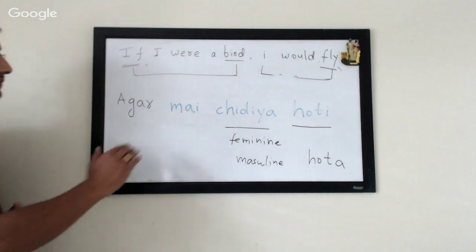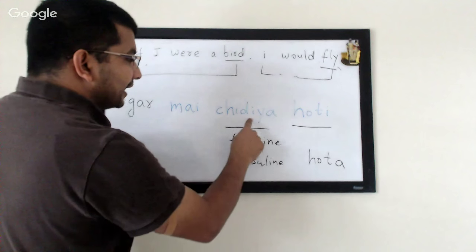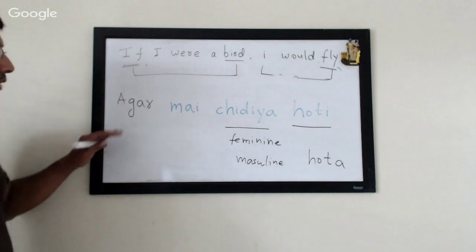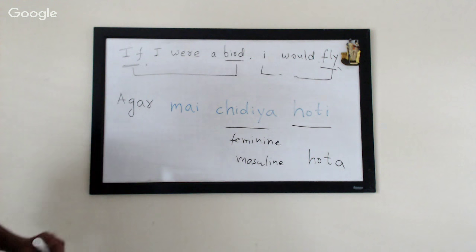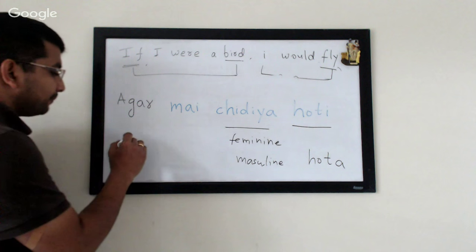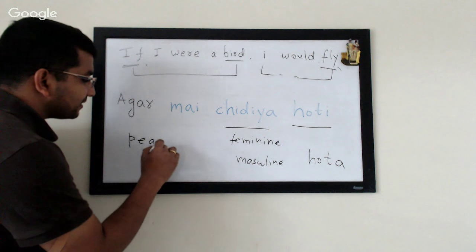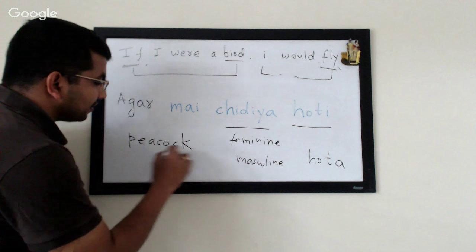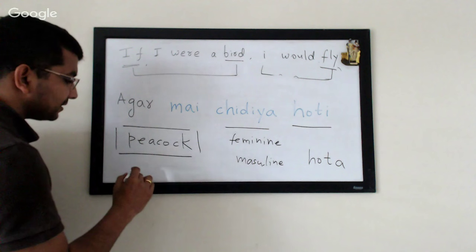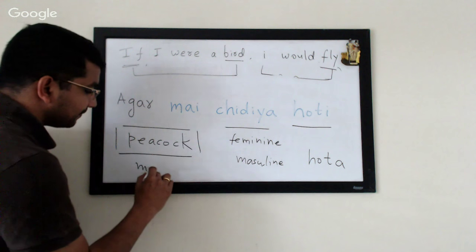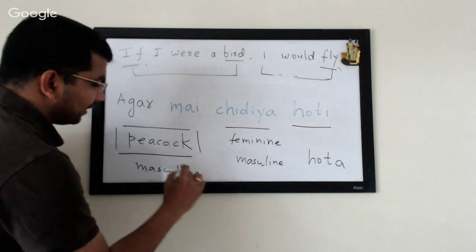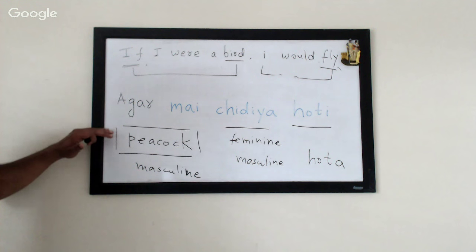Okay. अगर मैं चिड़िया होती, and चिड़िया is again feminine, so that's why it's होती. Now what if you want to write, and again I'm going to quiz you here, peacock. Let's say you want to write the same sentence for peacock, and let's say this time peacock is masculine. Again it's a quiz.